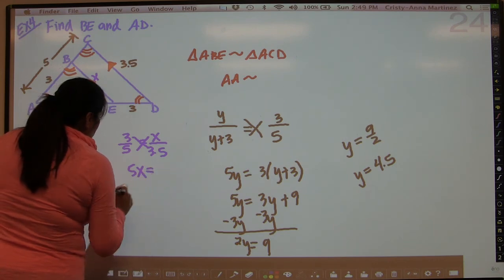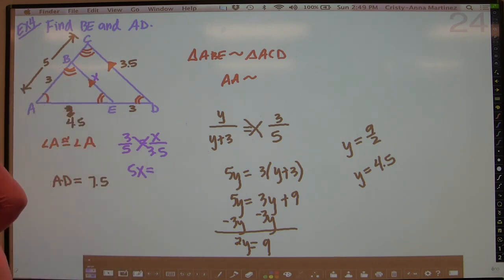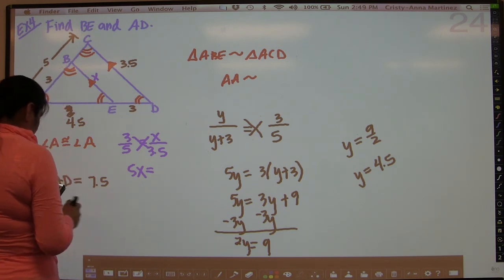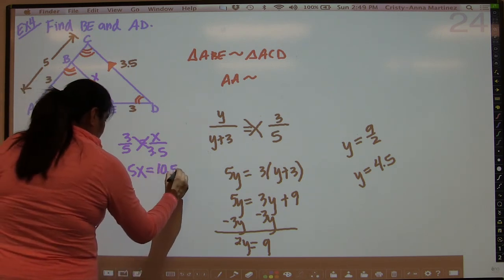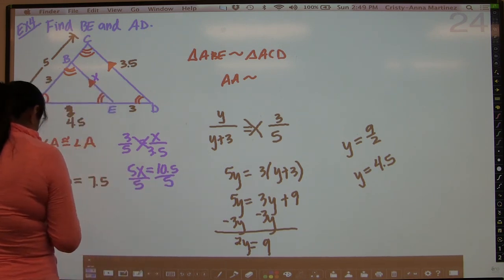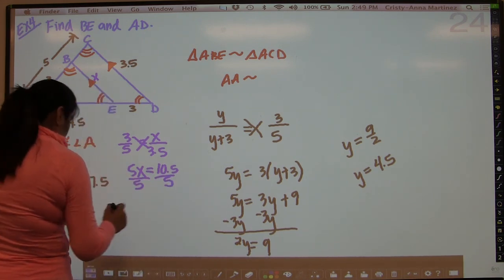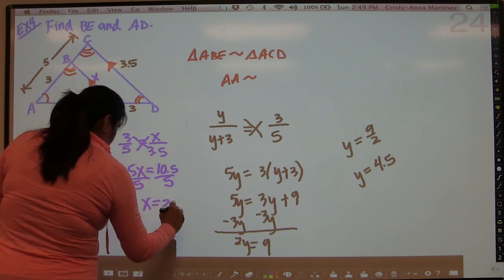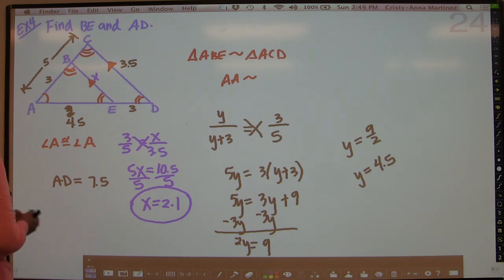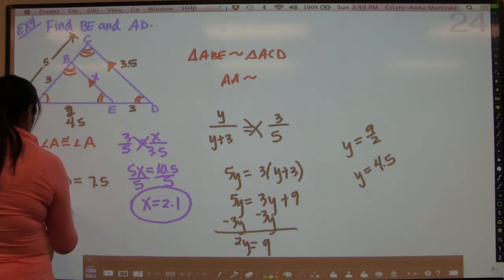5x equals 3.5 times 3. Where's my calculator? 3.5 times 3 is going to give you 10.5. And that divided by 5 is 2.1. So x is 2.1, which means BE is 2.1.